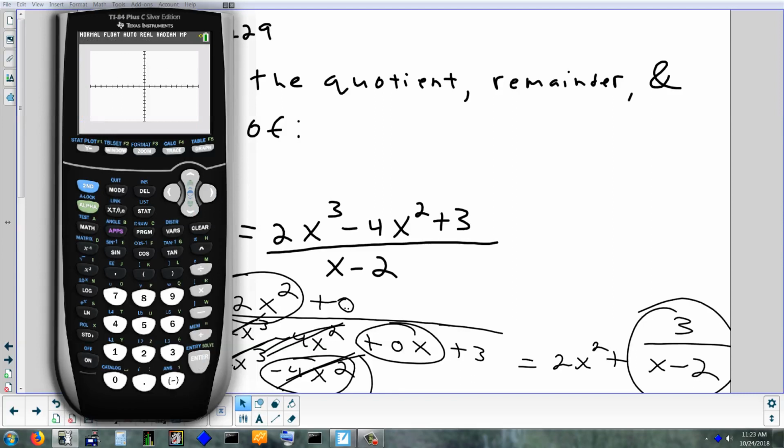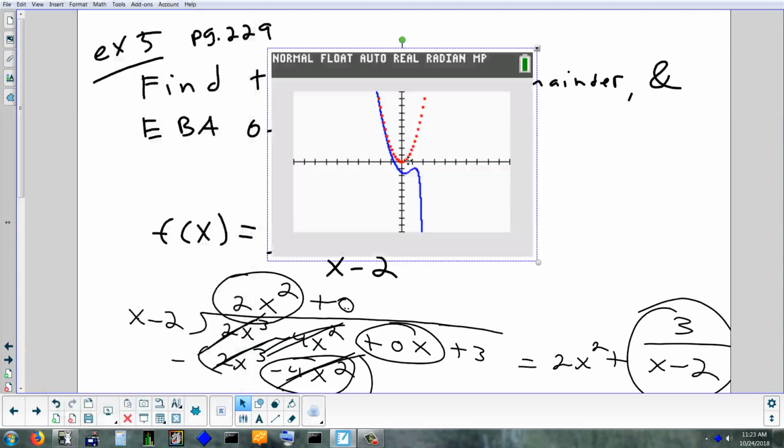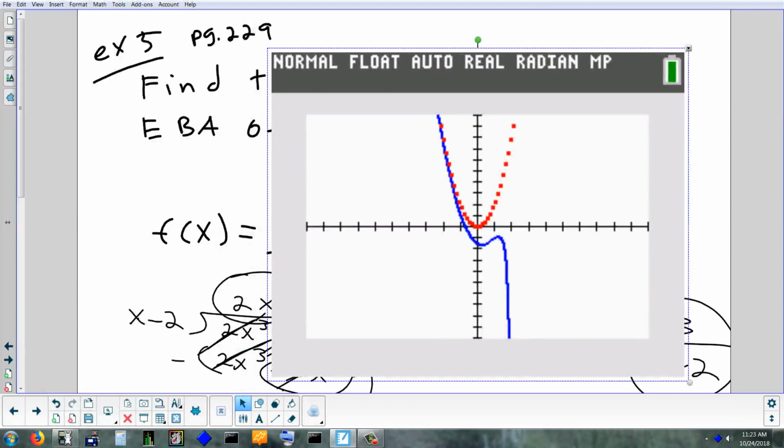Okay, so let's look at it. I might have to zoom out a little. Yeah, let's zoom out. Well, you can kind of see from here. See how the graph in blue and the dotted line in red are getting closer and closer together?